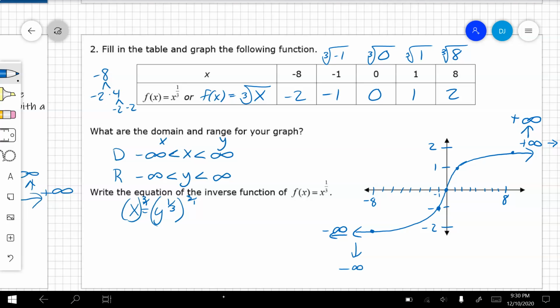So if it's 1/3, I would multiply by 3/1, which is the same thing as cubing. So this is the cube root, and we're multiplying by the cube, which is just by 3. So these fractions would simplify because 1/3 times 3 is going to give us 1, and this is going to leave us with x to the 3rd equals y, the inverse function of x, which you can simply rewrite as the inverse function of x equals x to the 3rd.